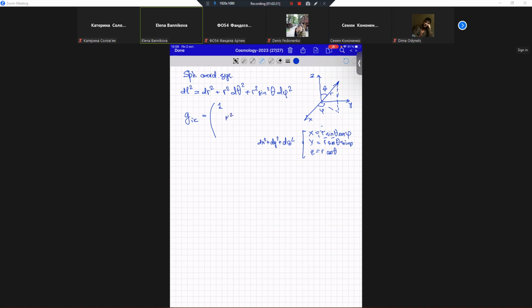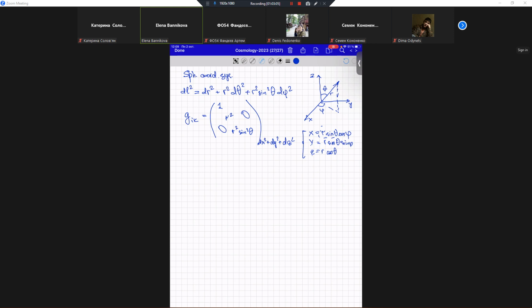And g phi phi is also r squared, times sine squared theta. So these are the components of the metric tensor.